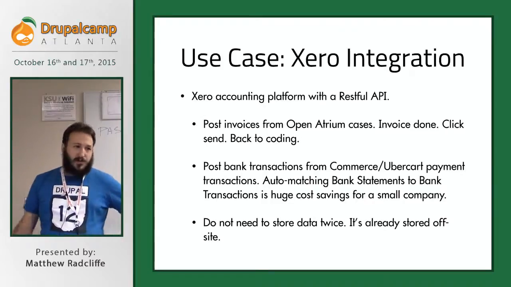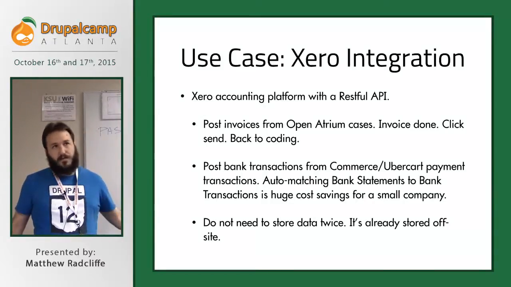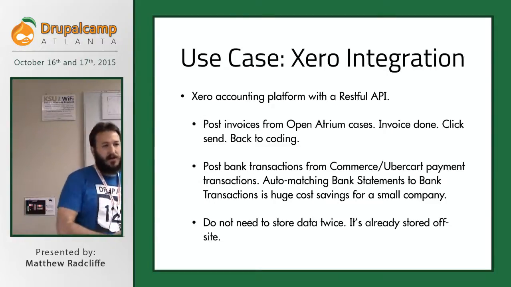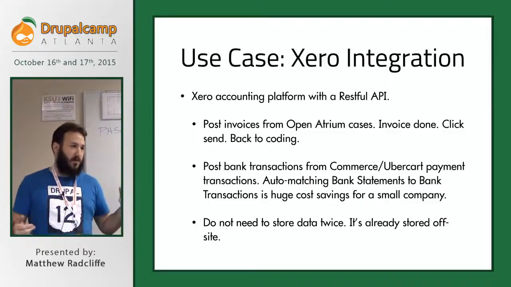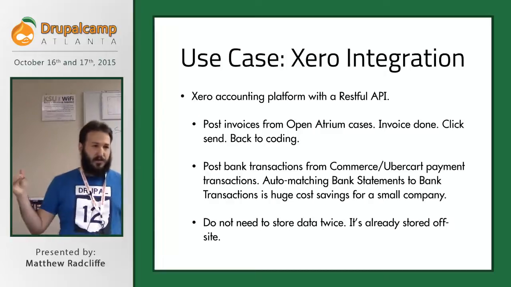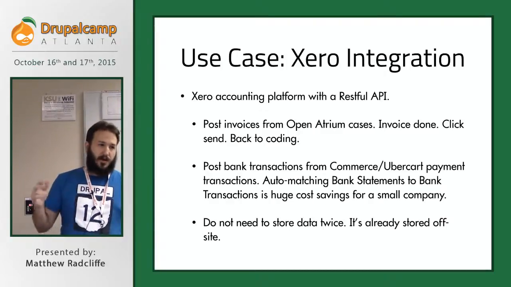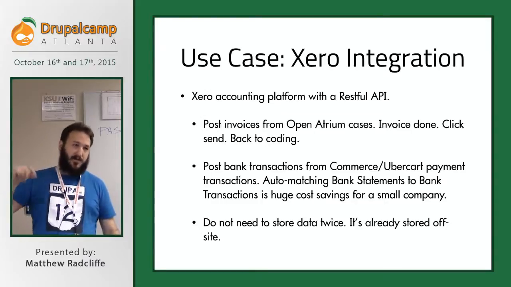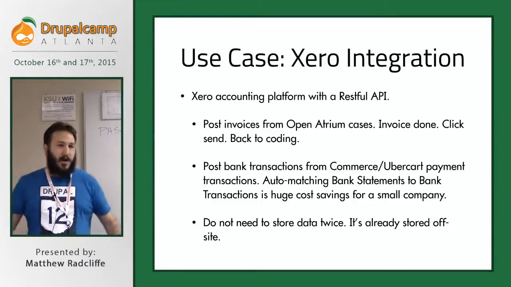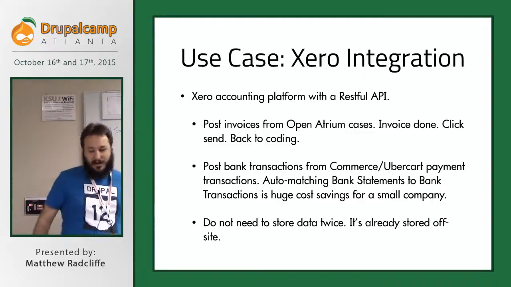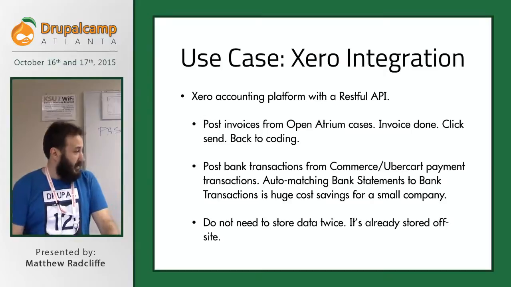Or I'm on a commerce site and someone makes a purchase, and in the background it makes a bank transaction back to Xero with the payment information. So we can do bank reconciliation, which is a fancy way of balancing your books. If you didn't have this, you'd have to manually create all these bank transactions, and it takes a lot of time. As a small business, we have a premium on time, so this is something we really needed.